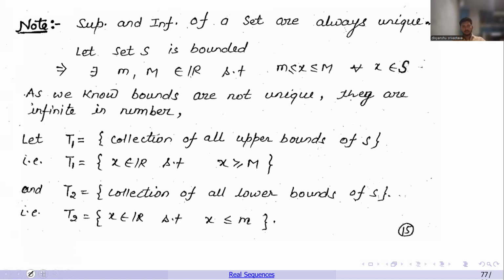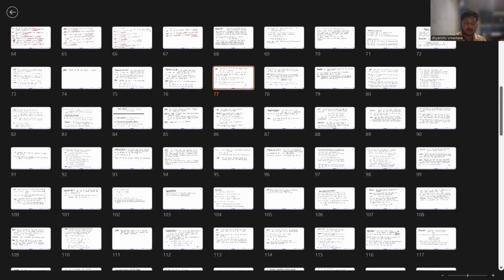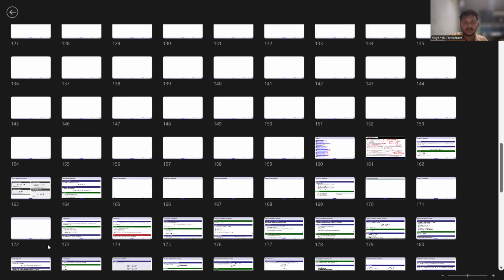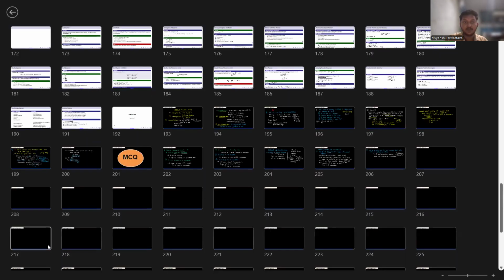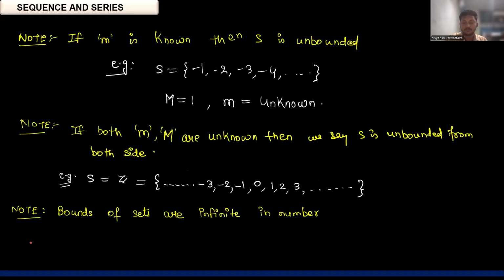I think some light is coming over my face, so I need to use the black one for a better explanation.